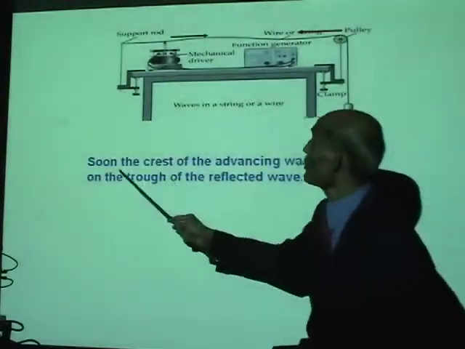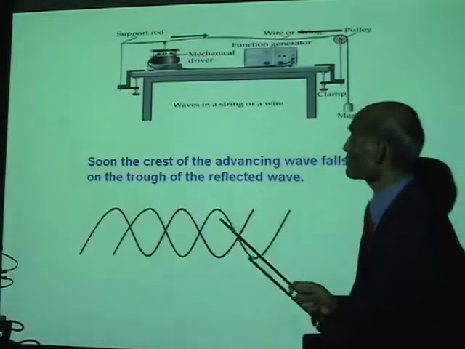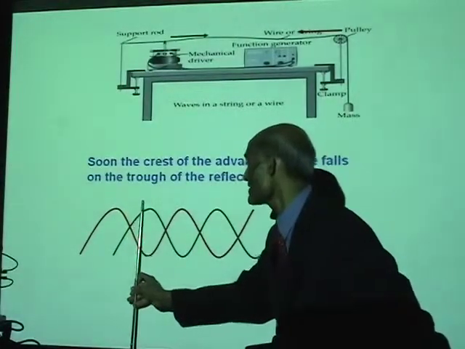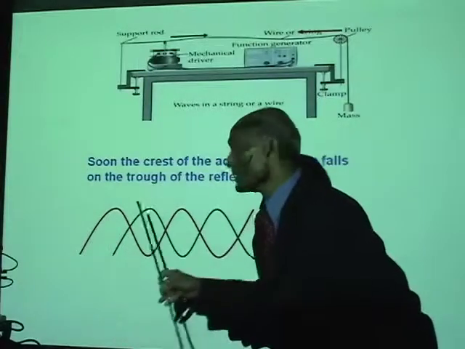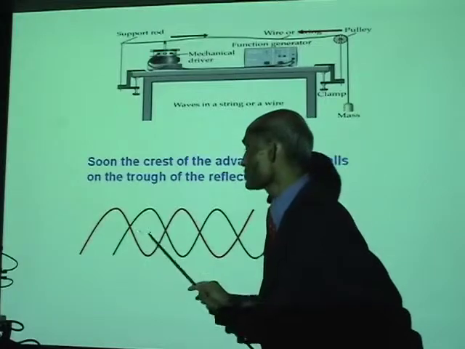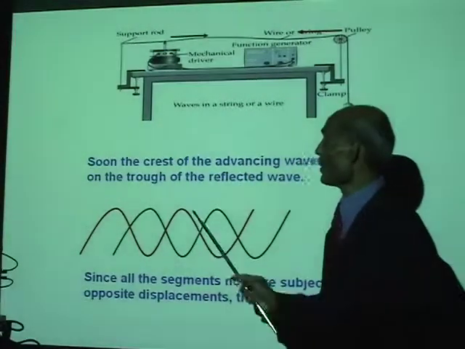Okay, soon the crest of the advancing wave falls on the trough of the reflected wave. There we are. Because the green wave has advanced to the right and the red wave has advanced to the left, this situation comes in a little while later. You see that? So what is happening to these segments of the string now?